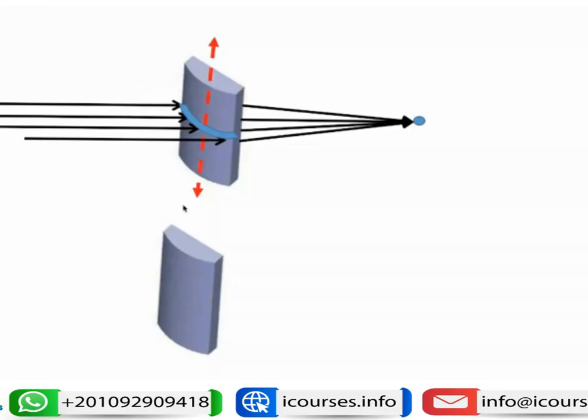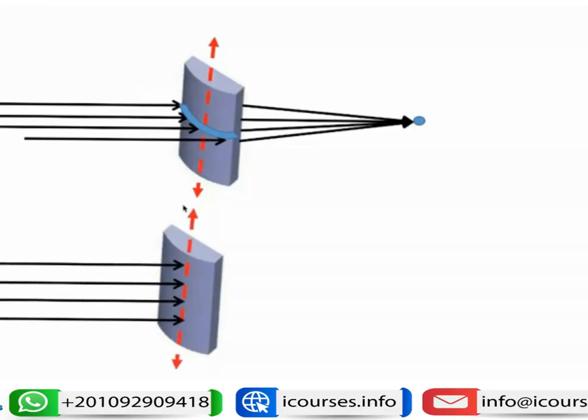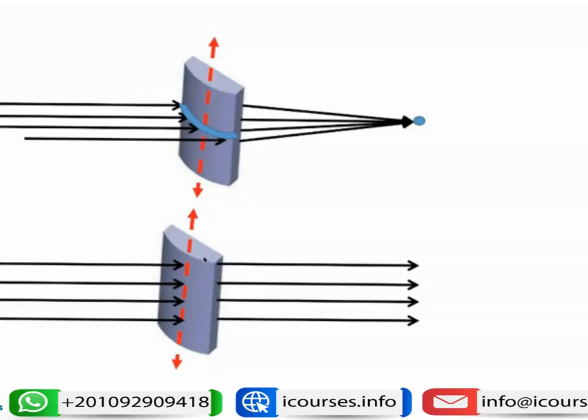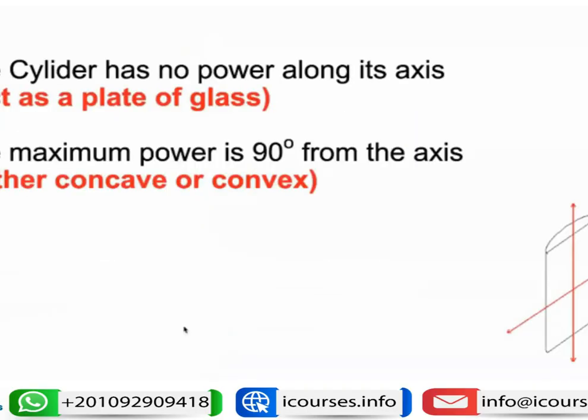However, if the light rays pass along the vertical axis, which is parallel to the axis of the cylinder, these light rays will not come to a focus because the vertical axis acts as a parallel plate of glass. So the light rays will emerge parallel and will not come to a focus. Hence the principle of the cylinder: the cylinder makes a focus at one meridian only.